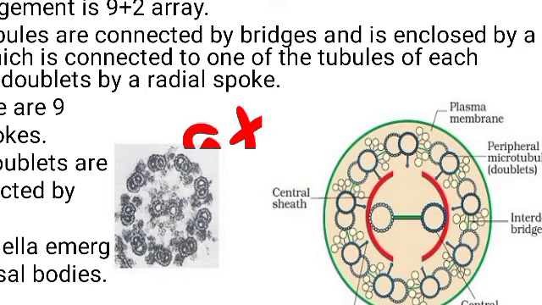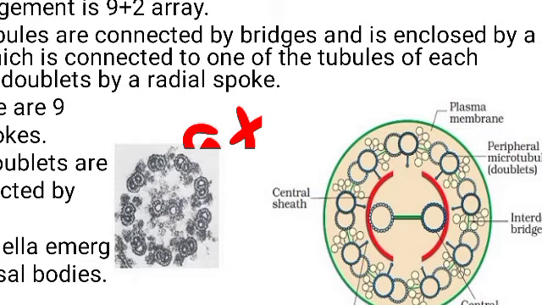Why is it 9 plus 2? On the peripheral side we can see 9 pairs of doublets, and in the center two centrally located microtubules. Such an arrangement of axonemal microtubules is referred to as 9 plus 2 arrangement or 9 plus 2 array.